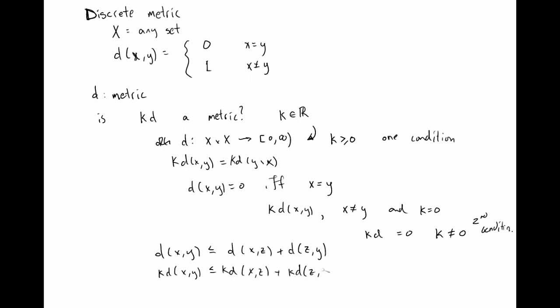So our conditions must be K is greater than or equal to 0 and K is not 0. So K must be some real number greater than 0.